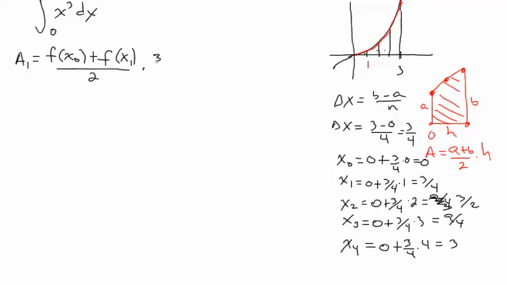So we'll just write 3/4 out here. All right. So what do we got here? Well, this is just 0, right? 0 cubed. X of 0 is 0, as we can see here, cubed, plus f of x1, so we're plugging x1 in, which is actually 3/4. All right, 3/4, so this would be 3/4 cubed.